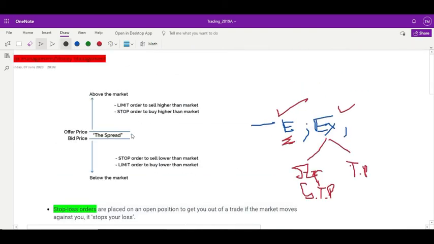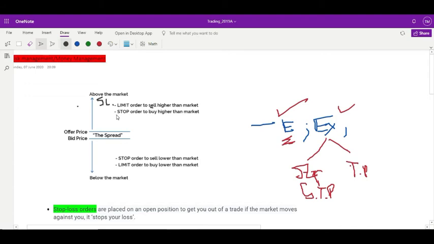So that's why I was explaining, but as you can see, this diagram is explaining the same thing I've explained about the spread. Limit order to sell at a higher price, I think I've explained, which means it's a sell limit, right?